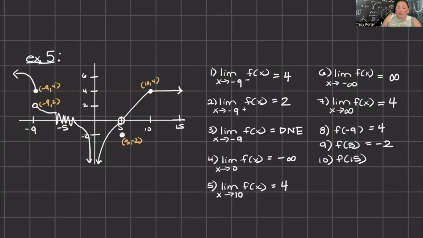And then f of 15. F of 15 is way out here. And so you can see that value is going to be 4. Okay, and then since I erased that 5 that was right there, let's add it back down here.